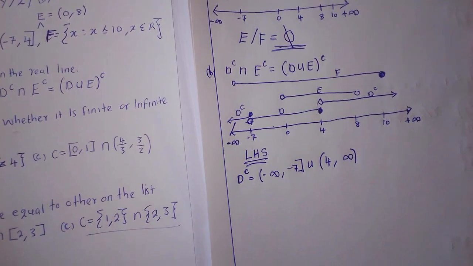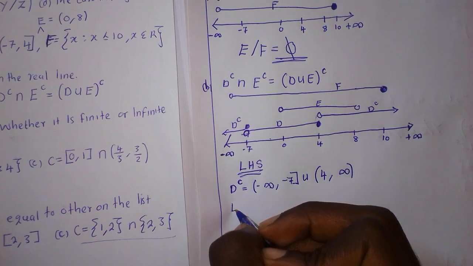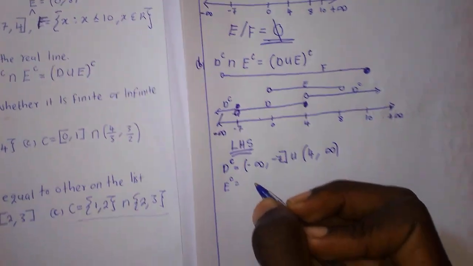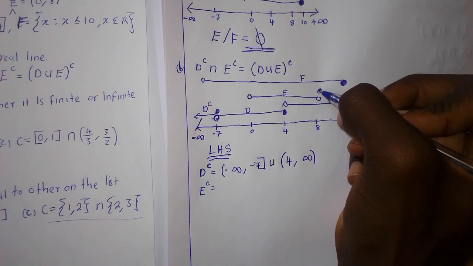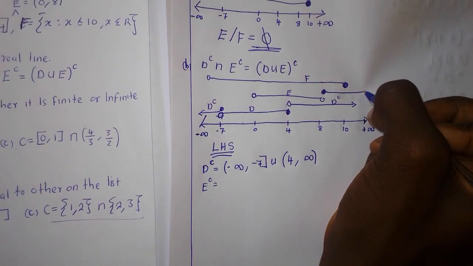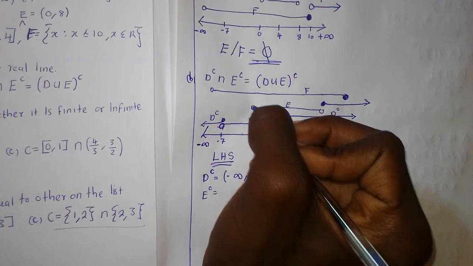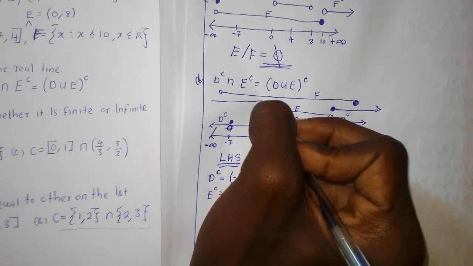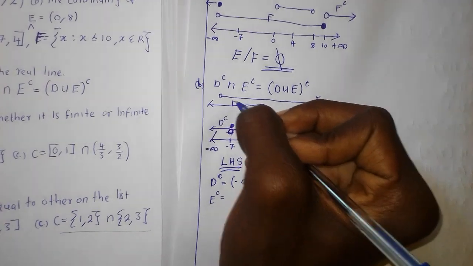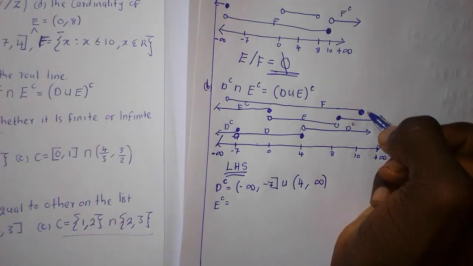Quite simple. Then E complement, we are going to have a cross circle here, moving this side, and we're also going to have a cross circle here, moving this side. So we can name this one as our E complement.